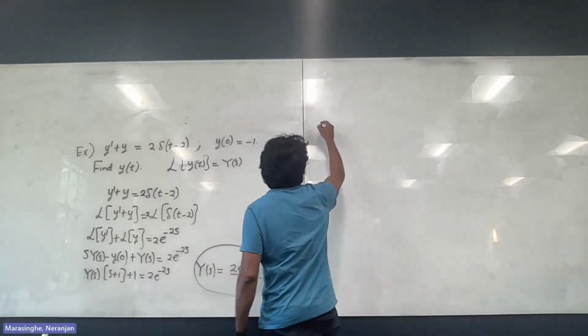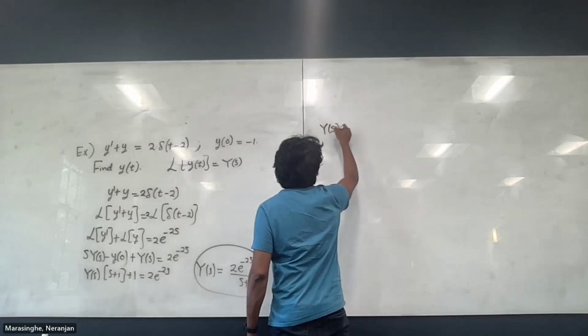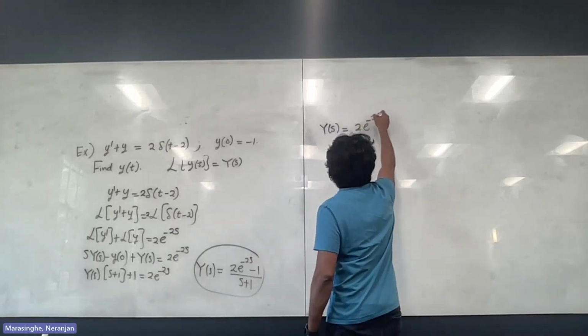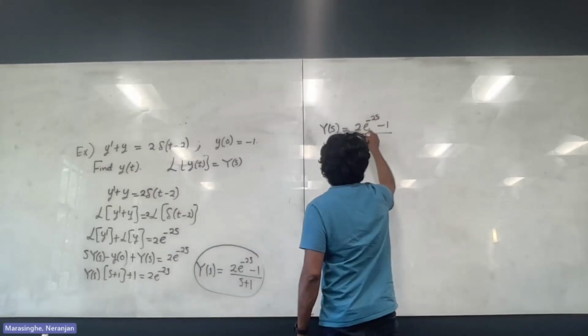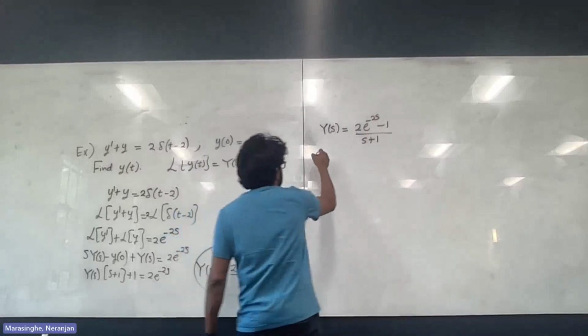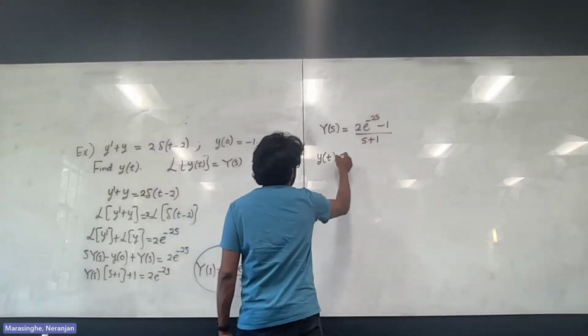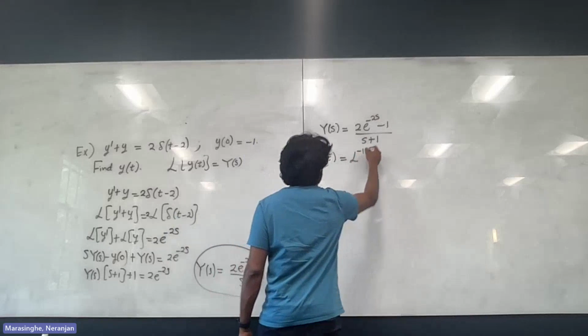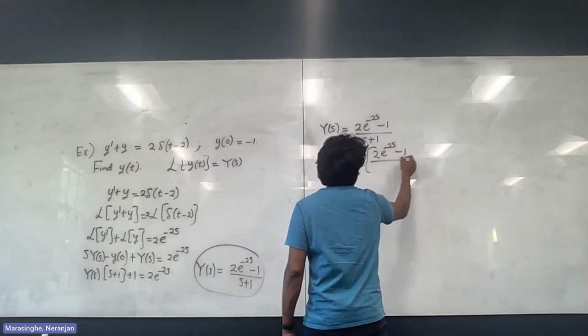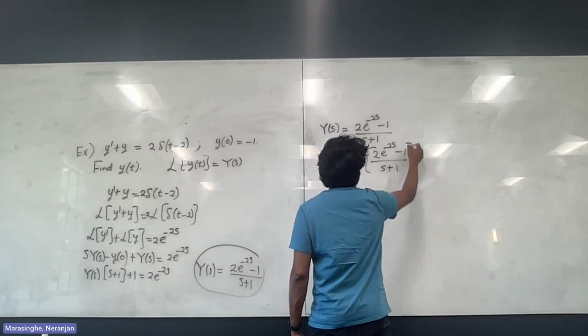Y(s) is equal to (2e^(-2s) - 1) divided by (s + 1). So now what is y(t)? y(t) is the inverse Laplace transform of this function.